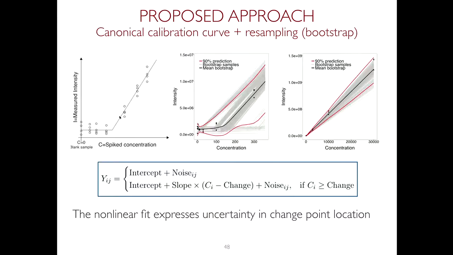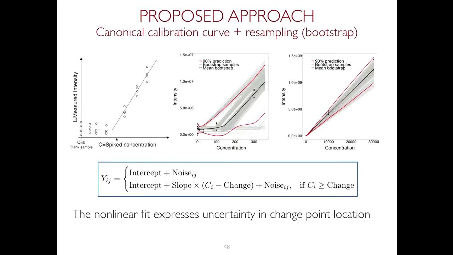It turns out that what we call a hockey stick form can be written like this. So it's a nonlinear model, but a very simple model. It's flat up to a certain point, and then it's a straight line after this point. But the problem now is that we have an extra parameter, which is also unknown. And so the uncertainty in this flex point is a really big part of the analysis.